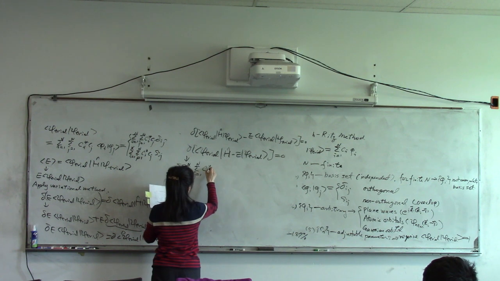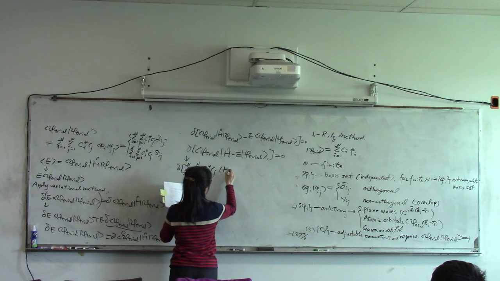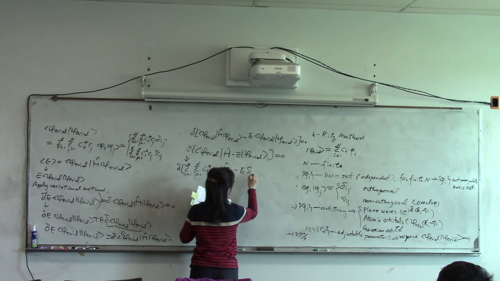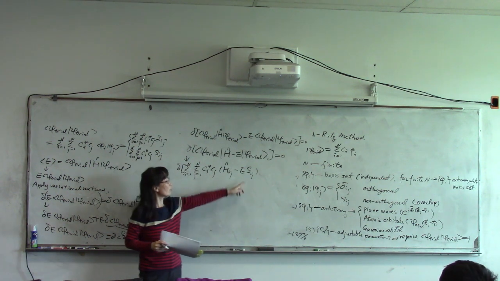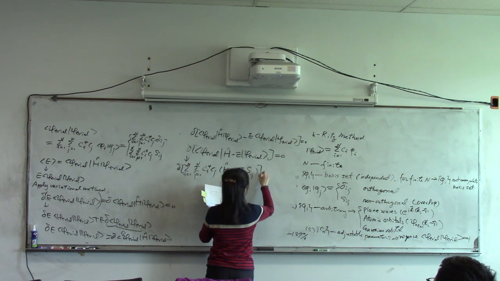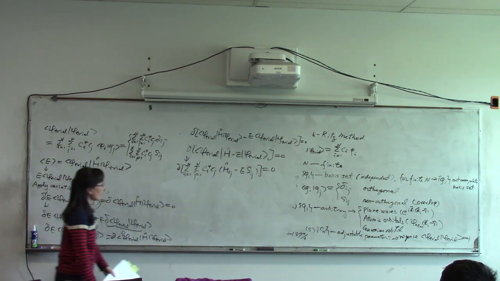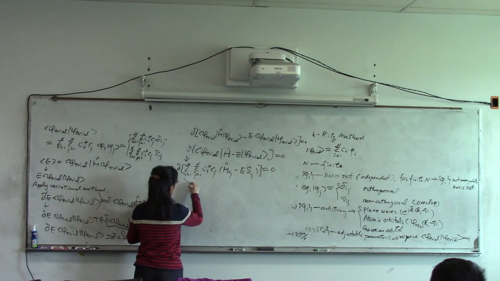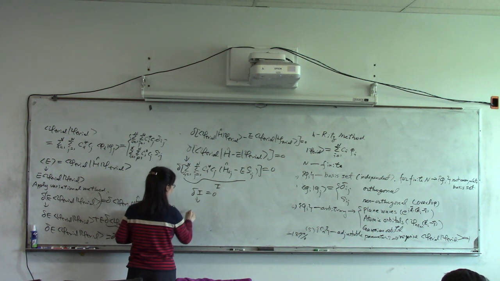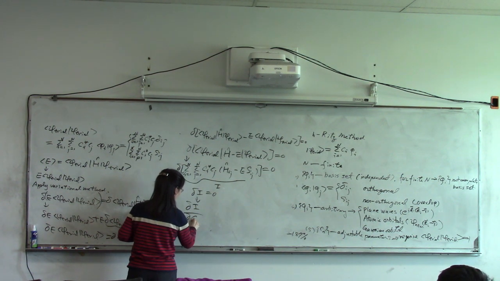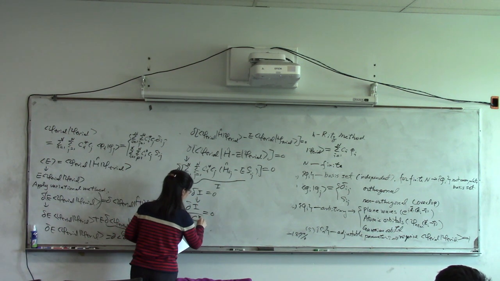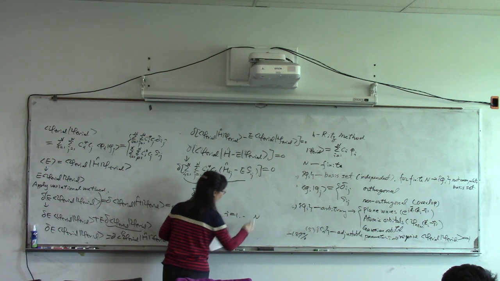And ci star cj times the matrix element ij minus E. Let's consider the more general case, if non-orthogonal. If orthogonal, this one is always 1, and that's equal to 0, right? We are going to do this. Okay, so that means delta I is equal to 0. That is, the partial derivative with respect to any coefficient Ci star should be 0, right? For i from 1 to all the coefficients.